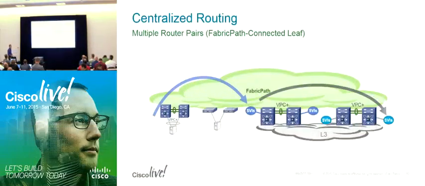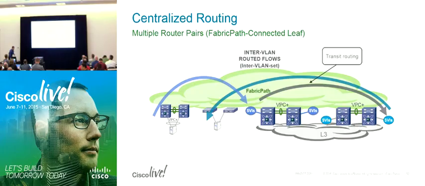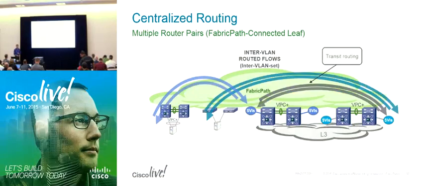So if you need to go inter-VLAN, inter-set of VLANs, this is what the routing would look like. You will have to terminate on your SVI, then from SVI route to another set of SVIs and come back into the fabric.